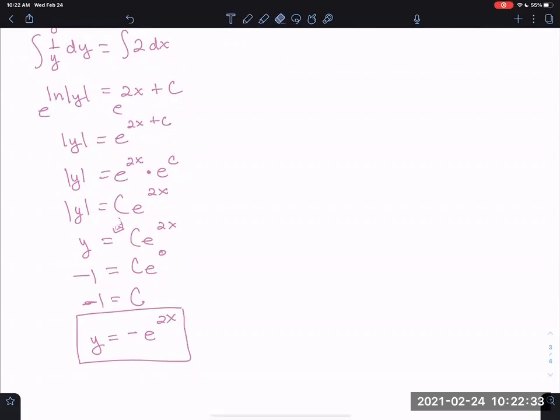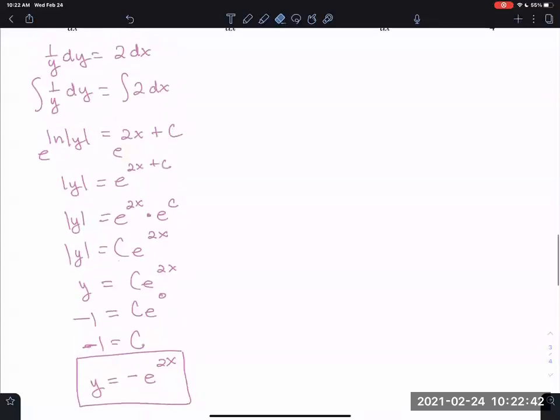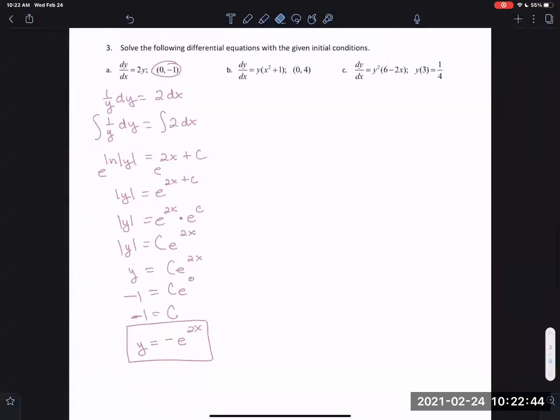On these types of problems, it is not as important to show the plus minus in front, but please make sure with your initial condition that once you're done with these natural log problems, if I plug in 0 right here, negative e to the 0 is 1, so the opposite of that gives me -1. You just want to make sure that when you plug in that x value, you get the y value that matches the initial condition y value.